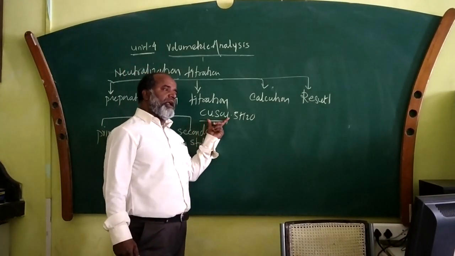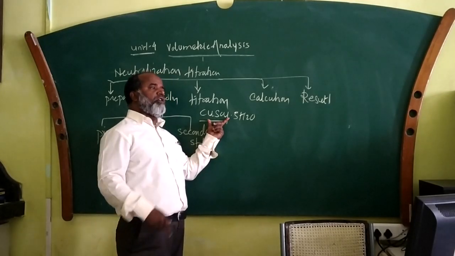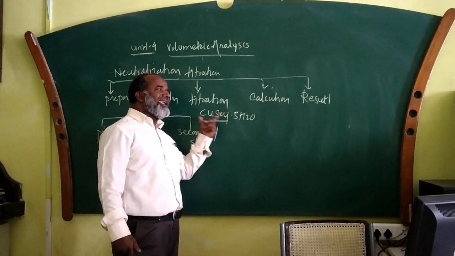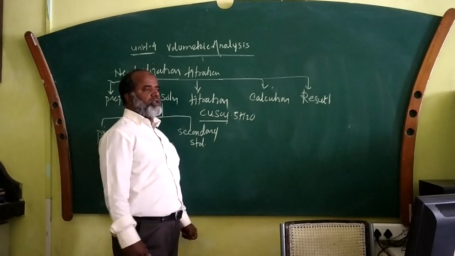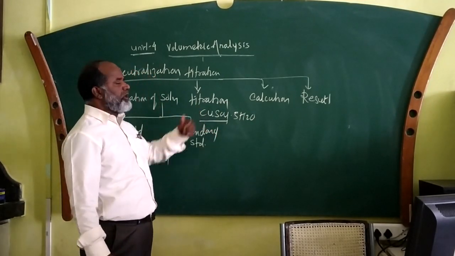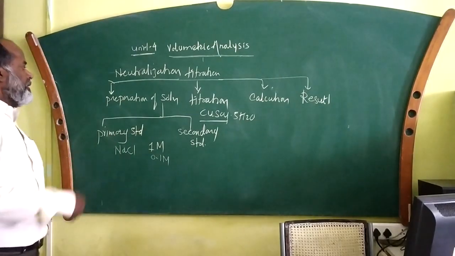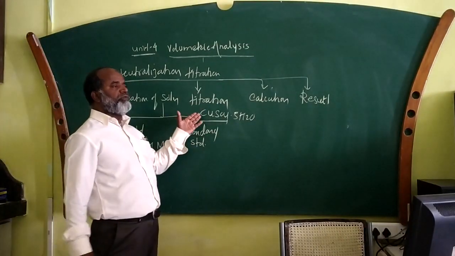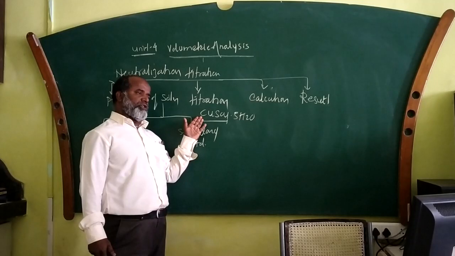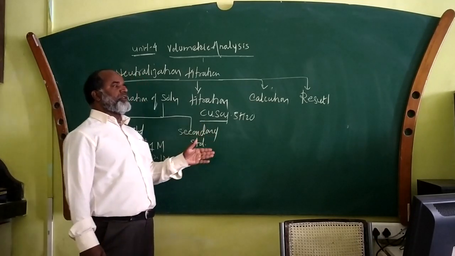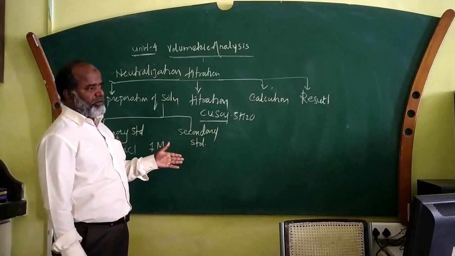So while taking the weight for preparing 1 molar copper sulfate solution, you will not get the exact weight which is required to prepare 1 molar, because there is water of crystallization and because it is hygroscopic. And therefore, such substance will not give exact concentration of solution. Such substances are not primary standard.